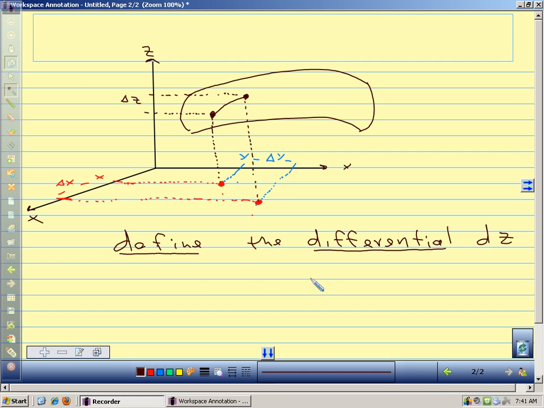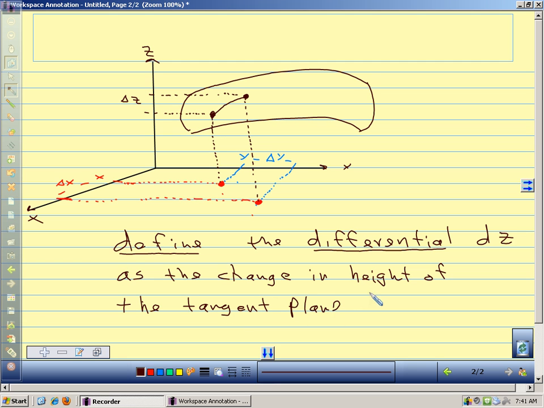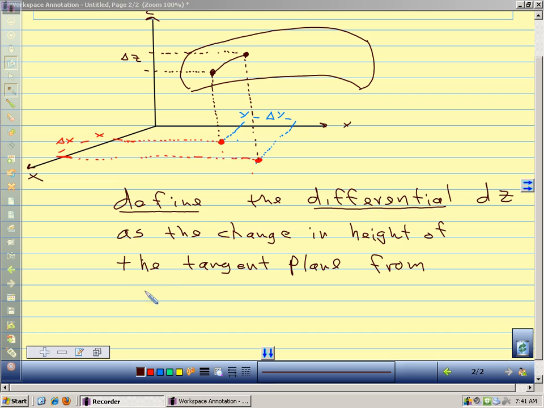So we're going to find the differential dz as a change in height of the tangent plane. And we're going to figure out how it changes from the point (x, y) to (x plus delta x, y plus delta y).